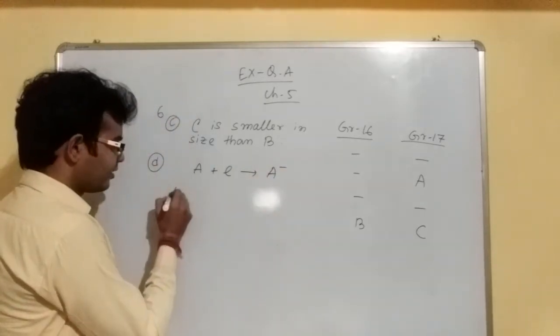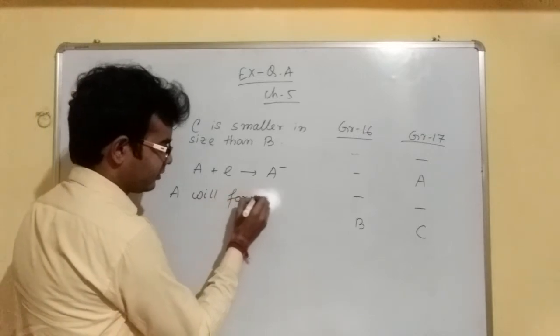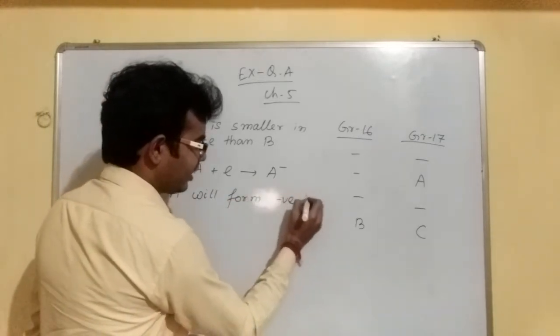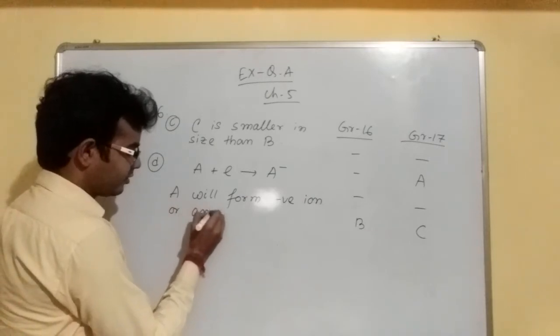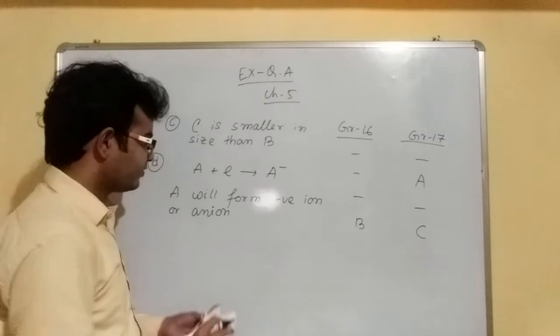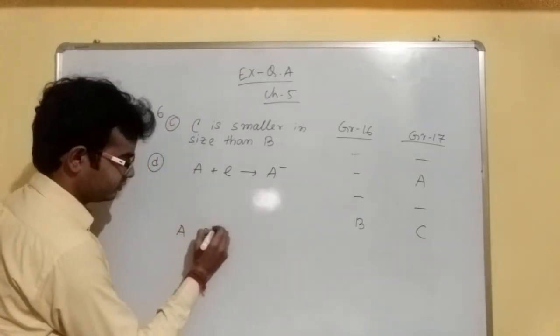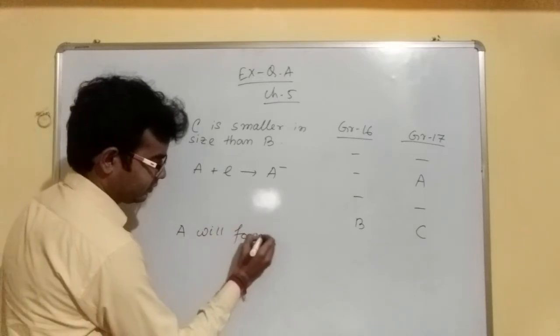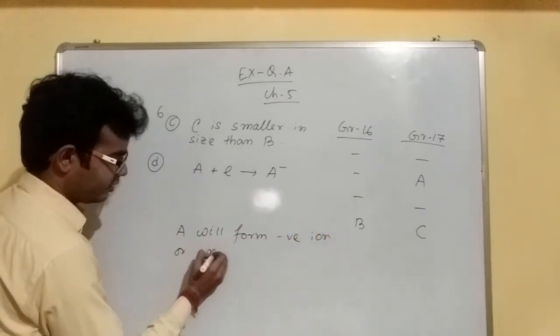That's why you can say A will form a negative ion, or anion.